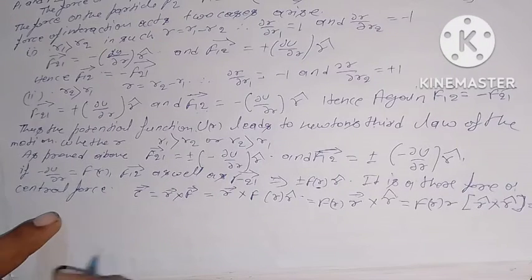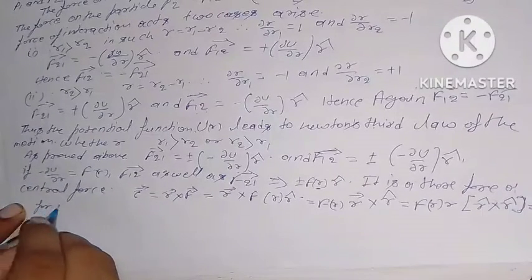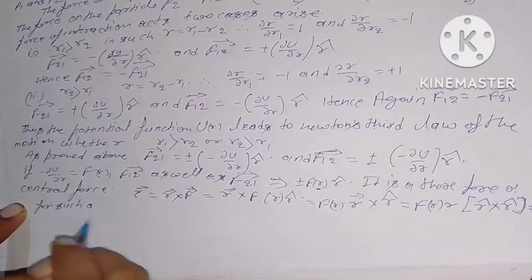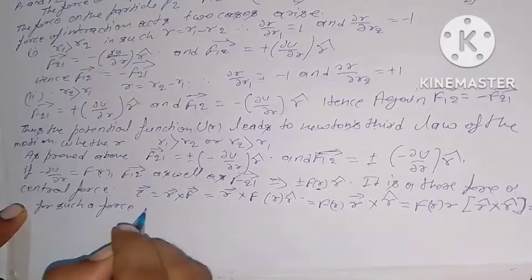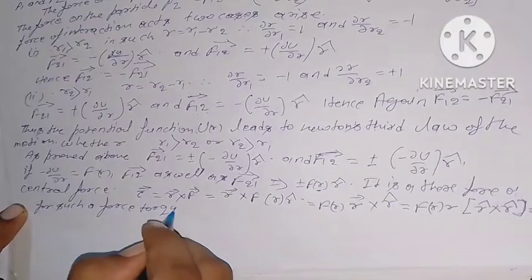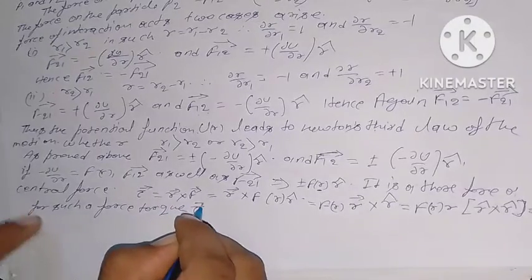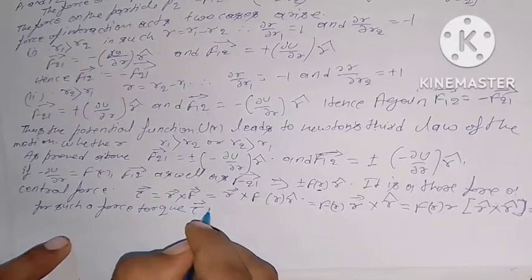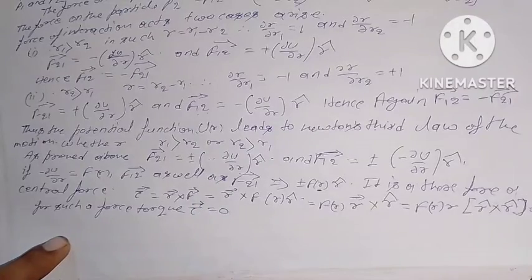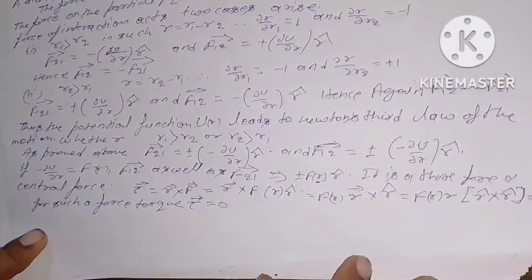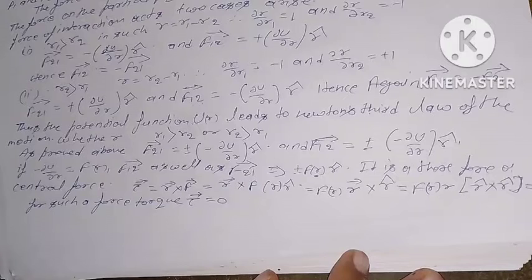For such a force, the torque tau vector equals 0.